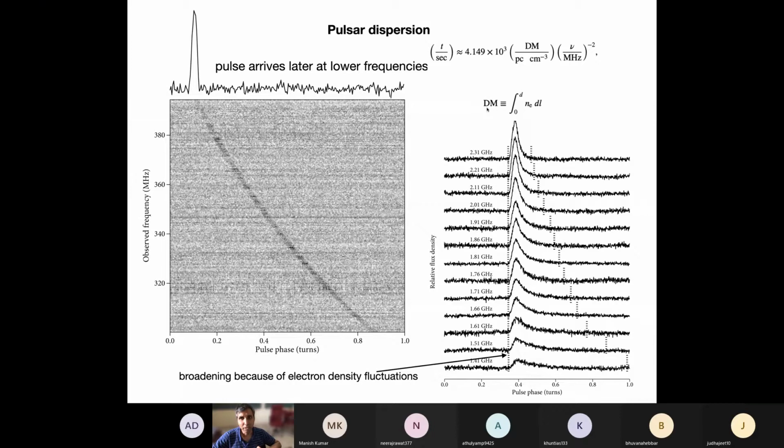So the difference in phase speed between different frequencies, I mean, the group velocity is what determines the pulse propagation time. So the dispersion measure is proportional to the line of sight integral of electron number density, right?